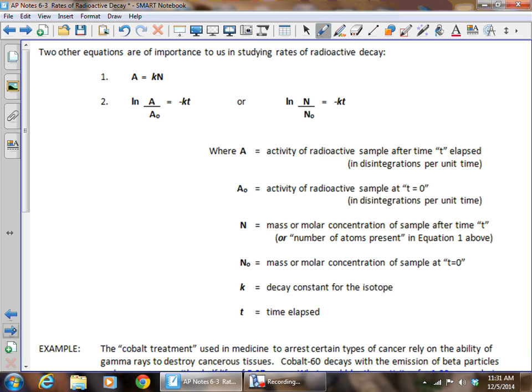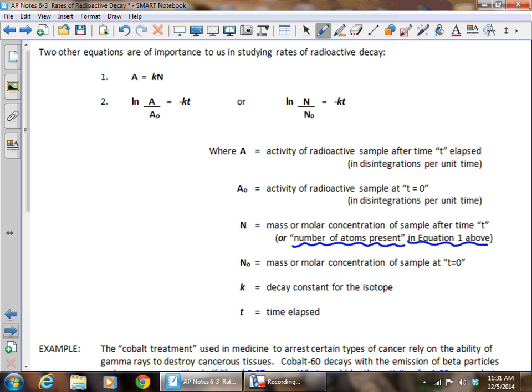The first one is that the activity of the sample is equal to the rate constant or decay constant of the substance times N. In this first equation, it's the number of atoms present. And again, activity is in disintegrations per unit time.